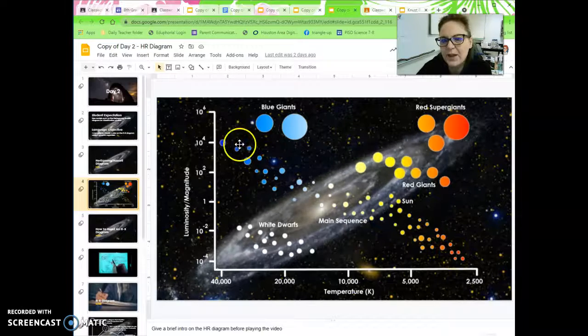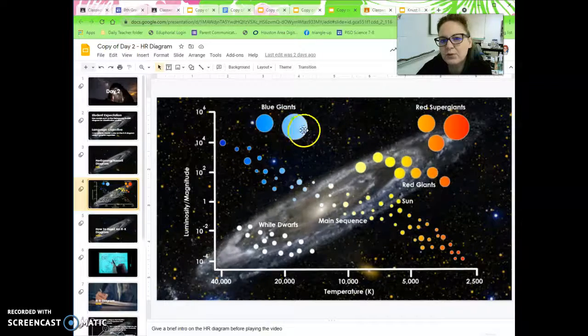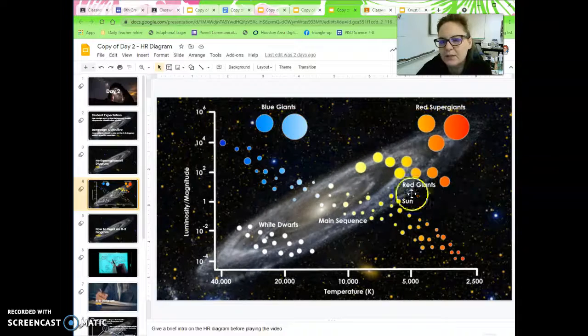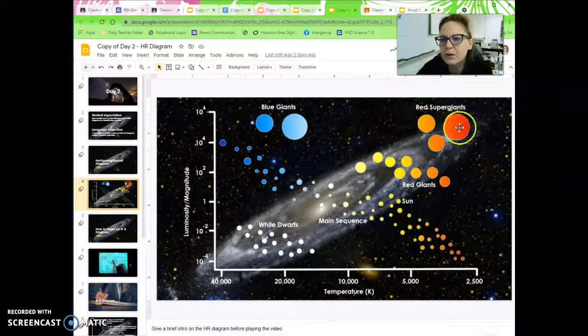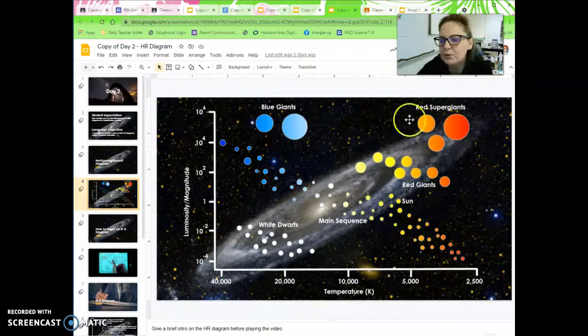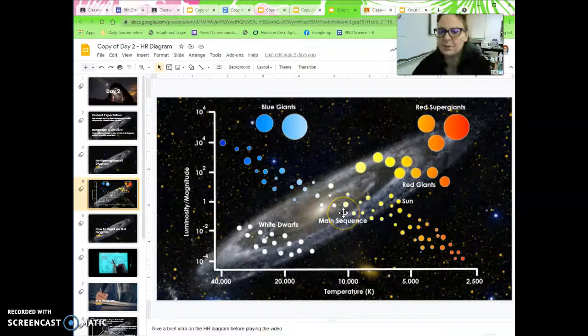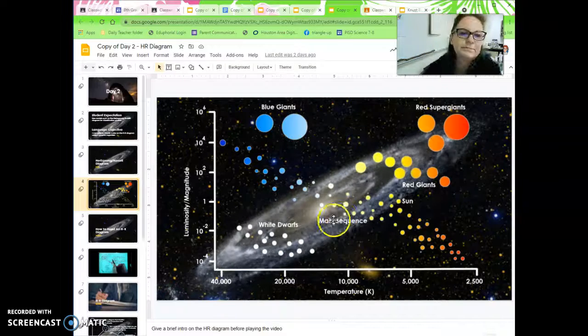As they start to expand, some of these first go to the blue giants before they eventually move over to the red supergiants, but these move into this category before they lose their outer layers and then eventually go down into the white dwarfs. These are all going to go through supernovas and either become black holes or neutron stars. So at that point, none of these will appear on the HR diagram anymore because they're not producing light.